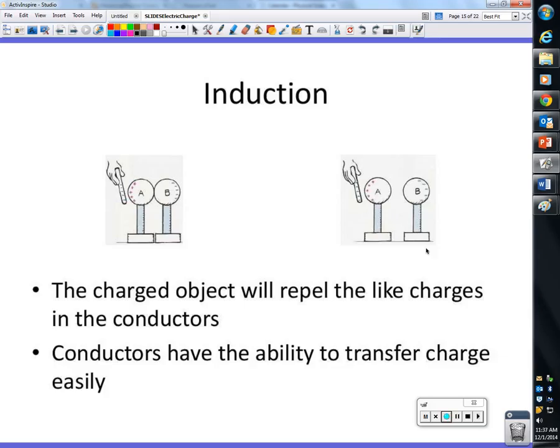But if you count the number of positive charges and the number of negative charges, what do you see within those metal spheres? What are you seeing about the number of positive charges versus the number of negative charges in these two metal spheres here? Julie, go ahead.